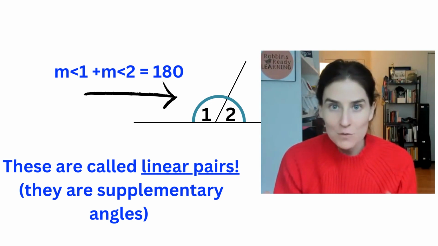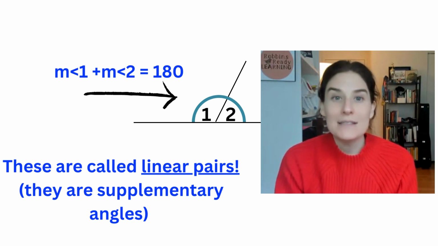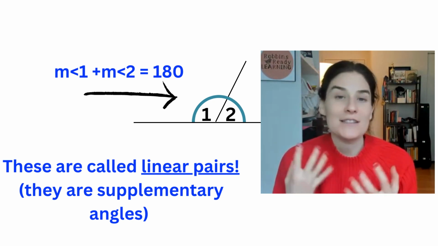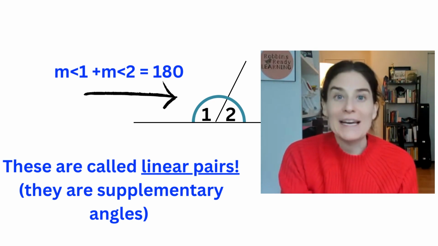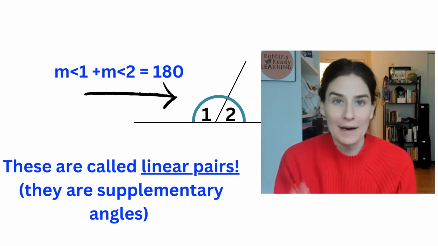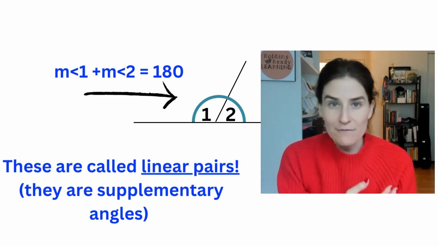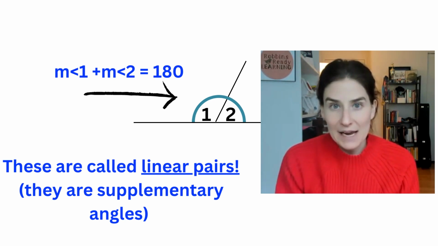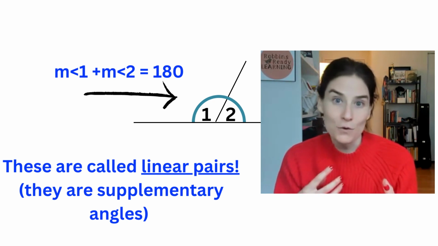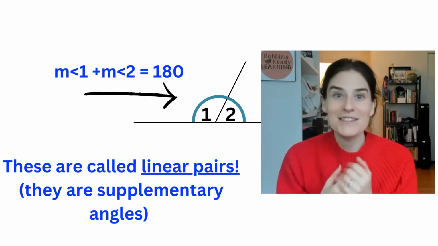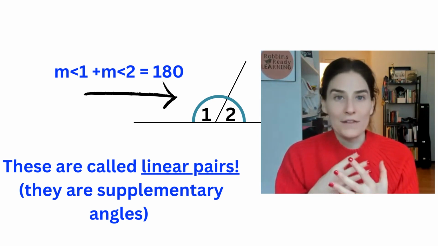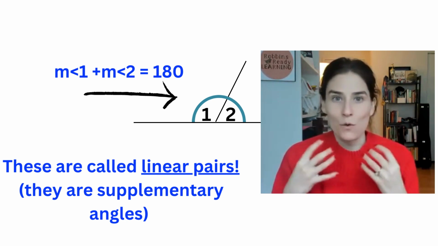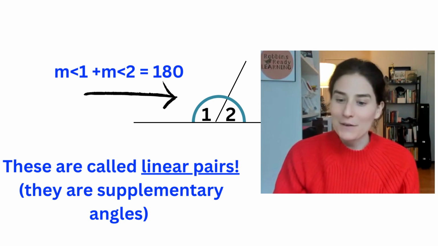Another name for this is supplementary. They are known as supplementary angles, and these are specific supplementary angles because they are a linear pair. Again, we use this information to find missing angles, and it helps us know things about other angle pair relationships within other pictures or models.